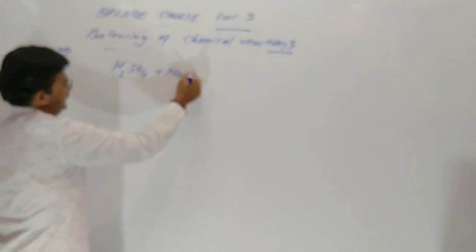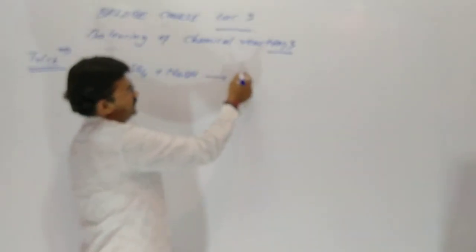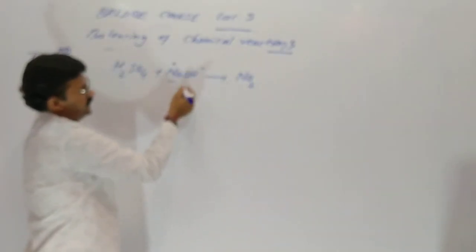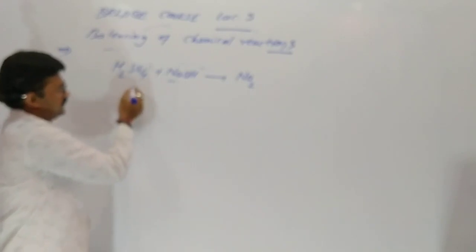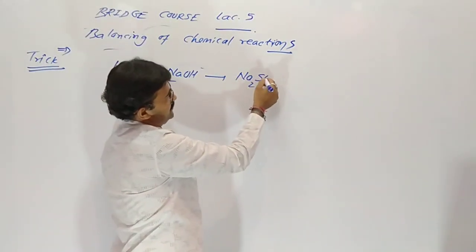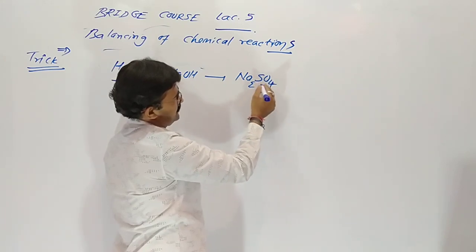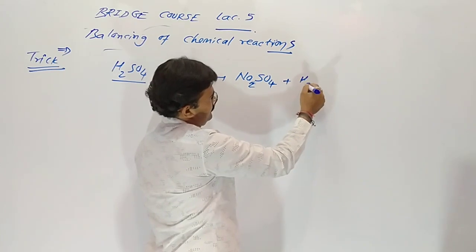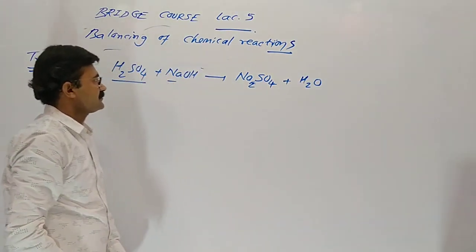H2SO4 is reacting with sodium hydroxide. We know sodium hydroxide NaOH, and sulfuric acid gives Na2SO4, which means sodium sulfate, and water. Clear?